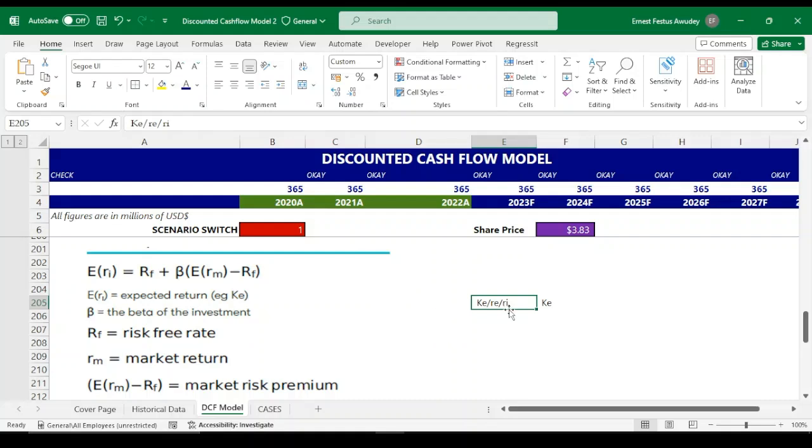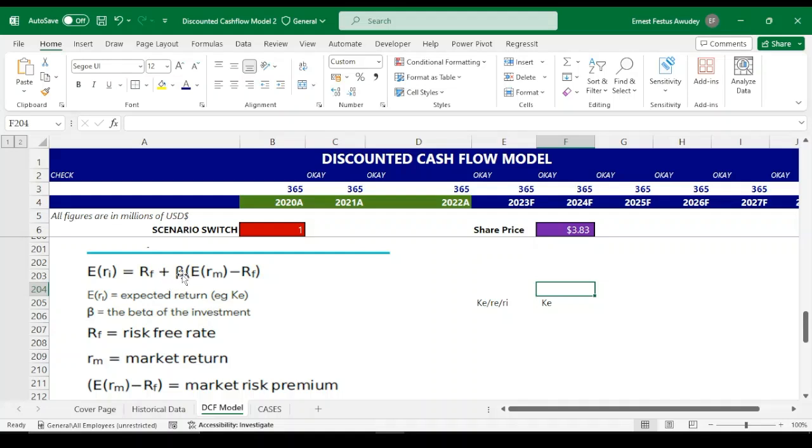And we are saying that the return on the equity, because the equity carries an element of risk, is actually a risky investment. So investing in this particular equity is going to be equal to the return you are going to get on a risk-free investment such as a treasury bill added to the beta.